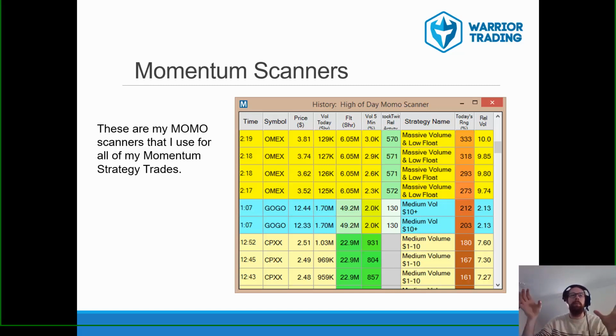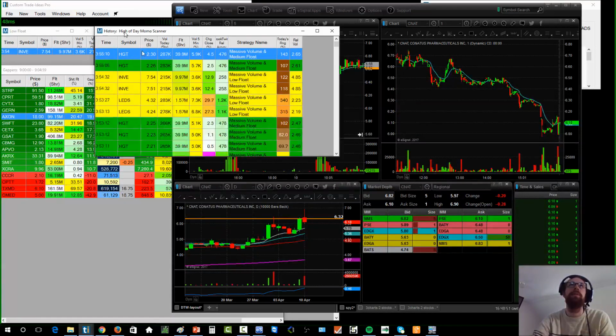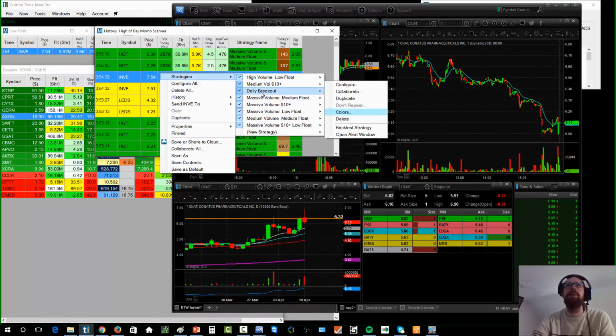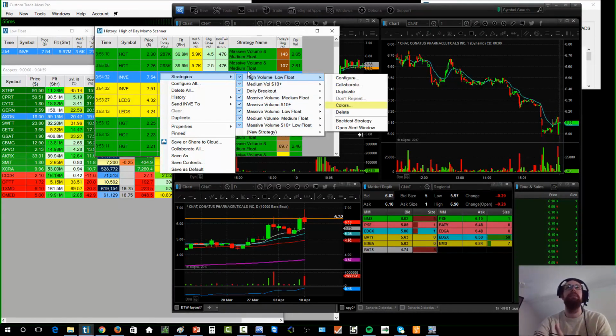So this high day momentum scanner actually has, I think, 7 or more scanners built into it. If I right click this, I can see my strategies: 1, 2, 3, 4, 5, 6, 7, 8 scanners all built in. And all of these are looking for stocks hitting high of day, but they all have slightly different data sets to look for different criteria.